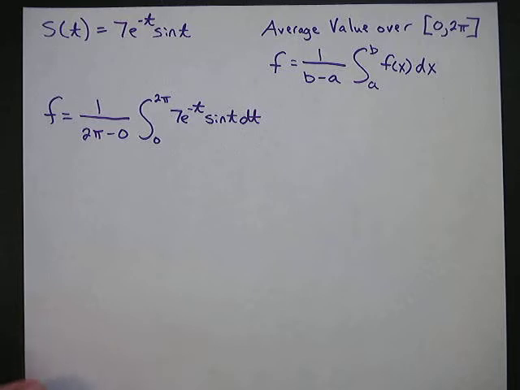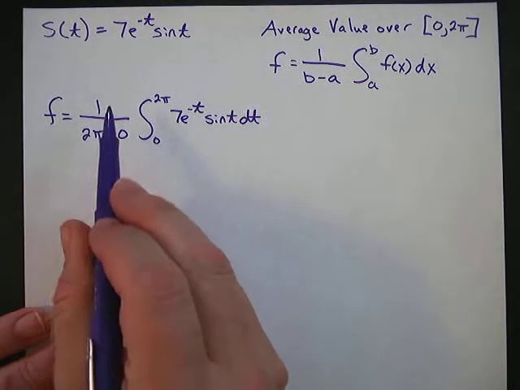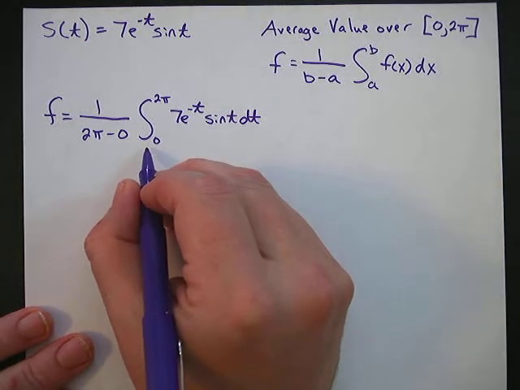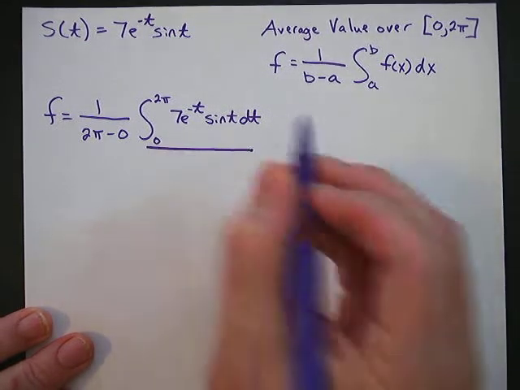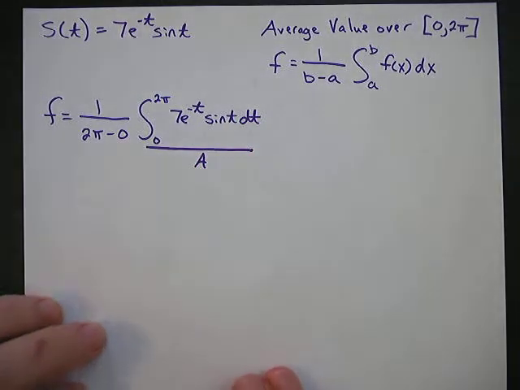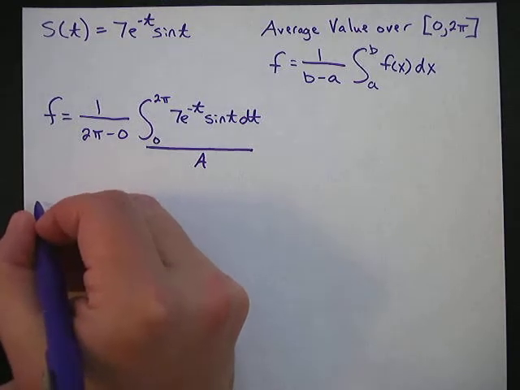Okay, so that's what we're looking at. So I'm going to ignore the 1 over 2 pi that's out front. I'll come back to that later, but for now I'm just going to focus on this integral. And this integral I will call a. Okay, so let's figure out what the integral a is.